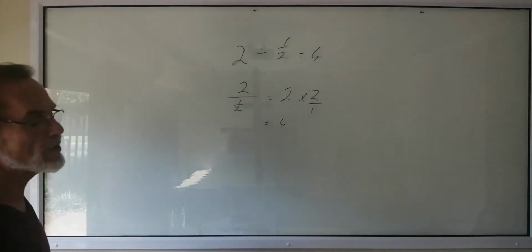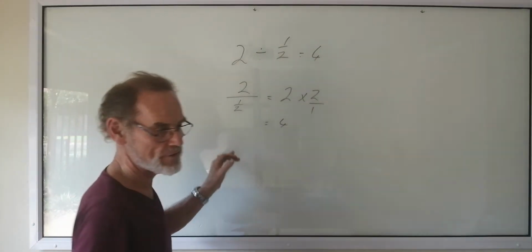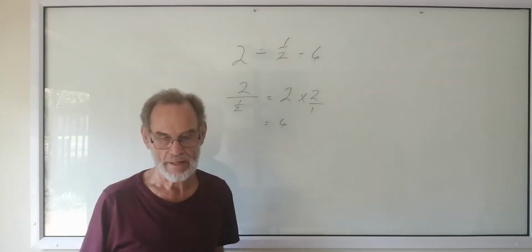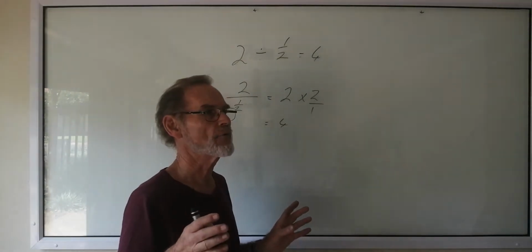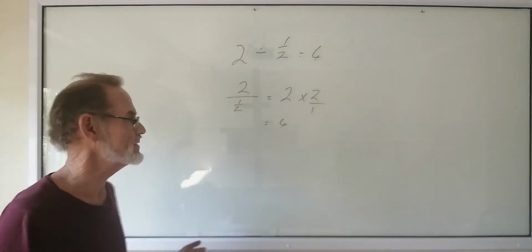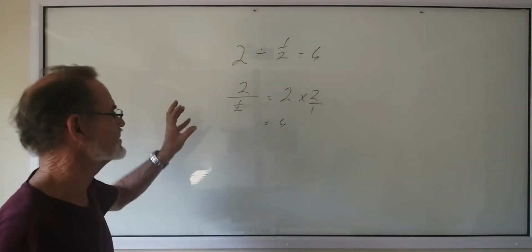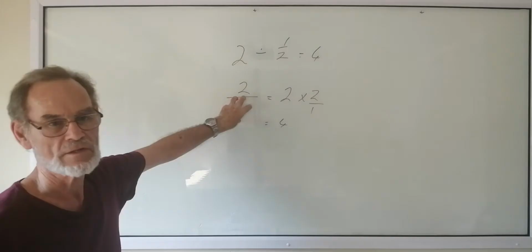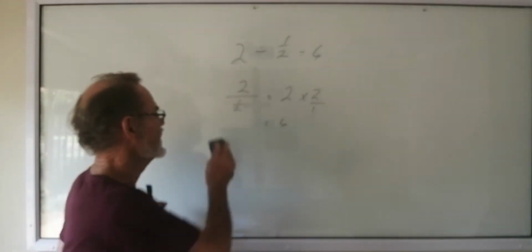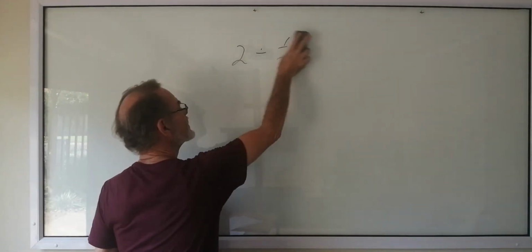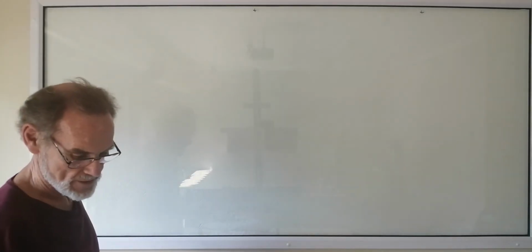So when you want to divide by a fraction, it's very easy. Nobody can divide by a fraction without cracking his head. So the best thing is just take the fraction at the bottom, turn it upside down and multiply. Then it's easy. So let's do the opposite.